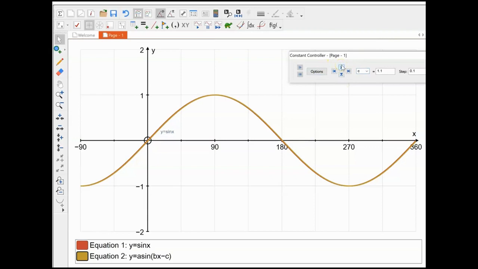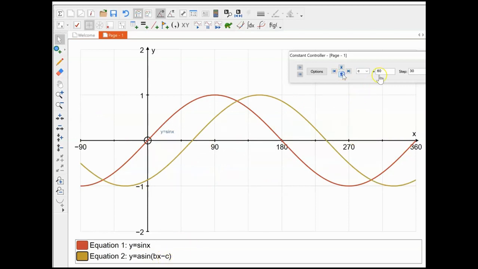Because we're moving our graph along the x-axis, our scale should be by degrees. So in here I'm going to be putting 30 degrees. The movement will be 30 degrees along the x-axis. So that's 30, 60, so that's moving 120 degrees to the right, because you got a minus here.